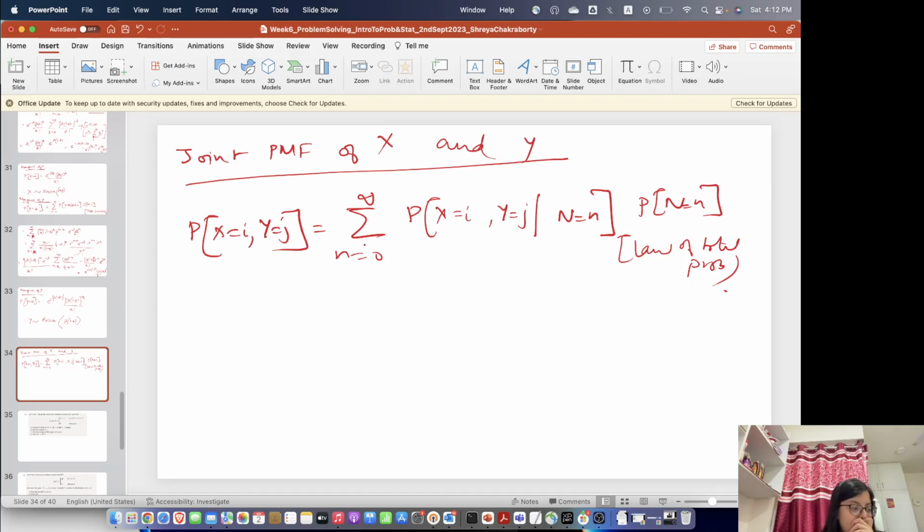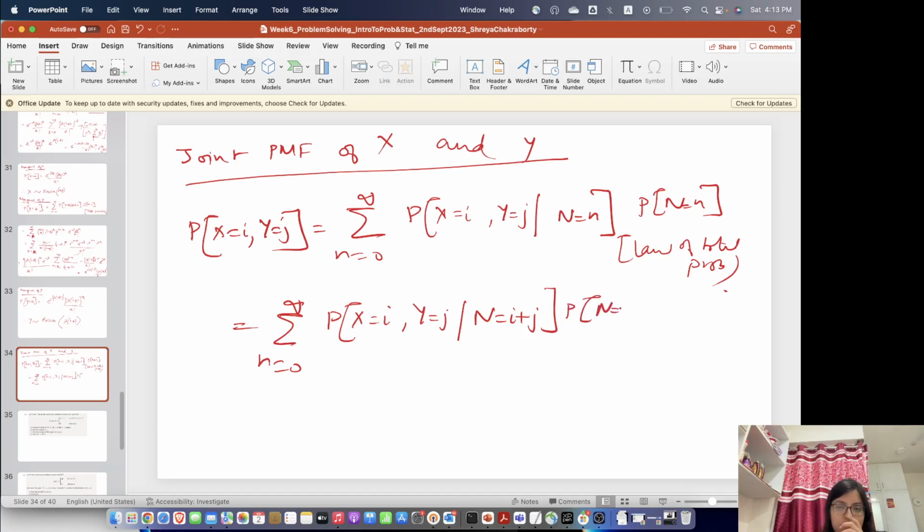So this thing we can write as summation n equal to 0 to infinity probability x equal to i, y equal to j given N equal to i plus j, into probability N equal to i plus j.